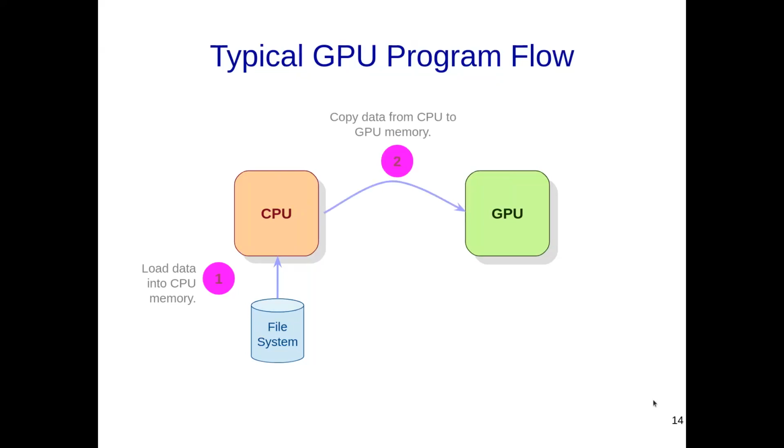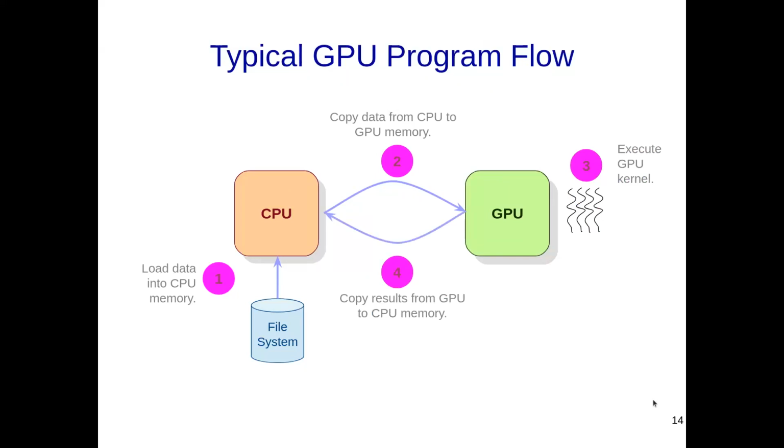Once I have this available on the GPU memory, I'm going to run some function on the GPU which will process this particular data in parallel using multiple threads, and I'll get the result out of this in the GPU memory. After this, I'm going to copy the result back from GPU memory to CPU memory, on which I can start processing further.